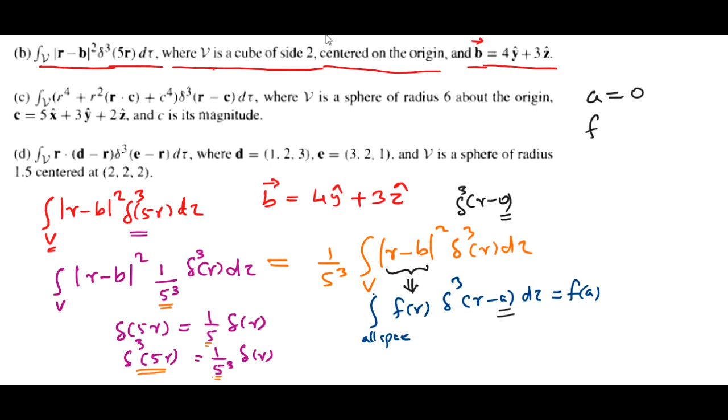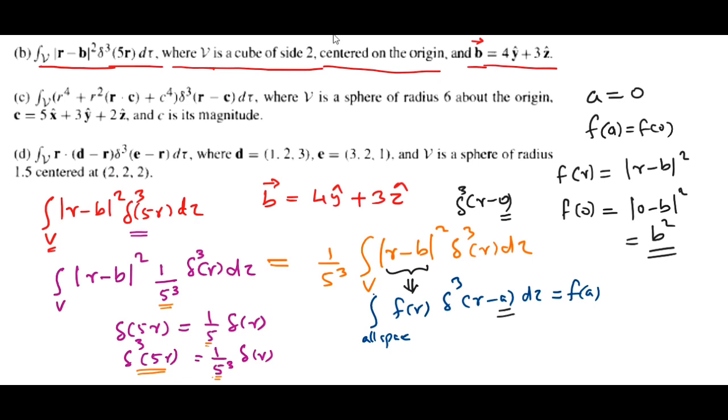Then f of a, that is f of 0, means substitute in the equation f of r. Already we have r minus b whole square. F of 0 means 0 minus b whole square. This is equal to b square.